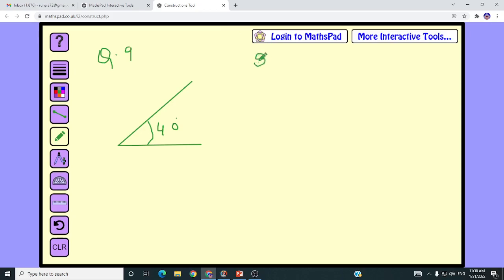How do we get the supplementary of an angle? This is very simple. For the supplementary angle of 40, we only subtract it from 180. So we get 140. Means we have to make a copy of its supplementary angle.